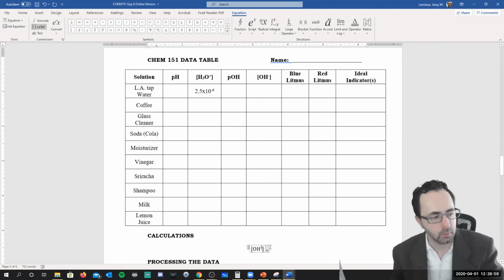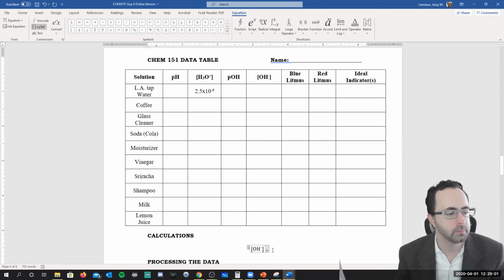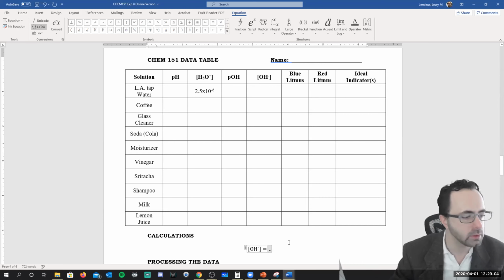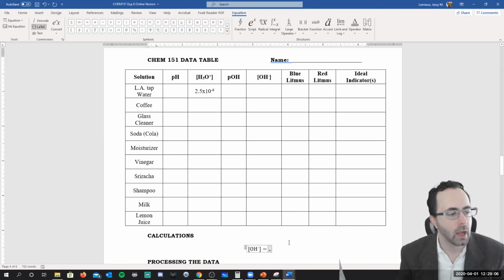Then it will allow me to put a superscript of a negative sign. Then I say equals, and then let's say I want to use a fraction. There's an option up here for fraction.